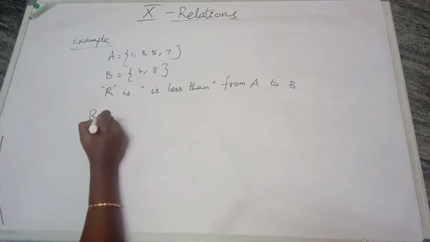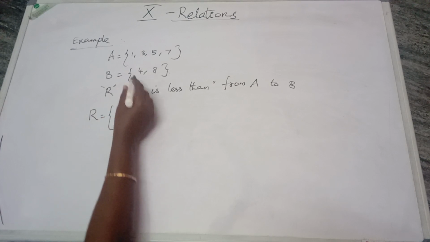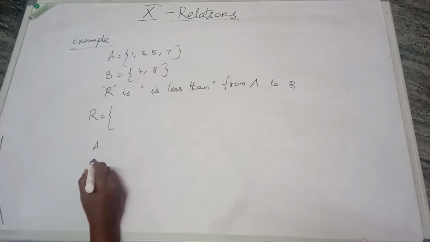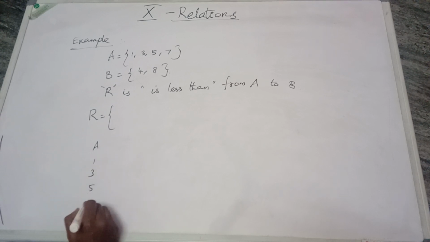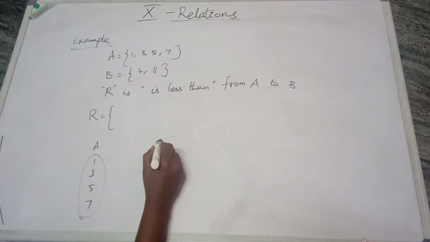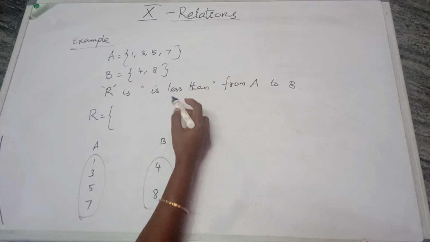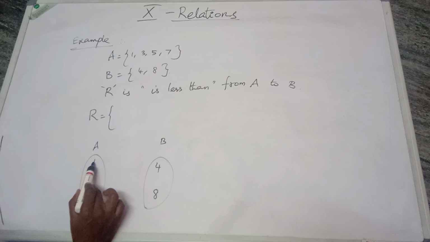So for that, R equals, what are all the elements from this A? We can take it using an arrow diagram. Here this is A and this set is B, with 4 and 8. What does the relation say? Is less than. So if you take the first element in A, 1 is less than 4.